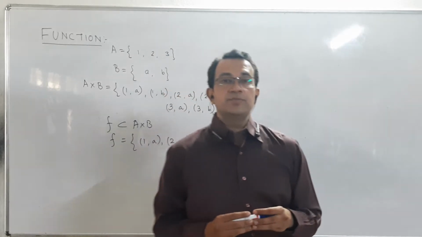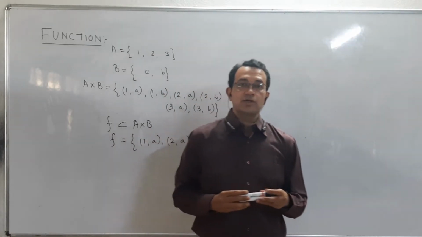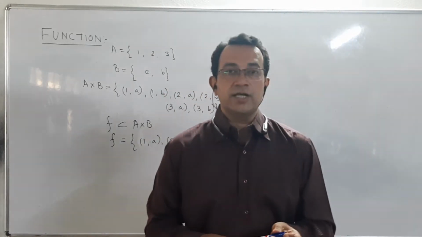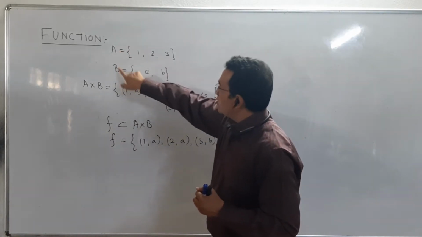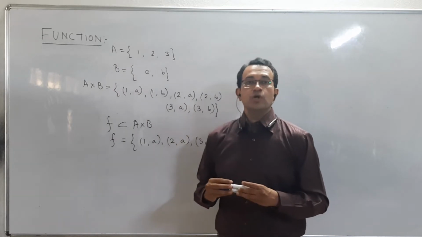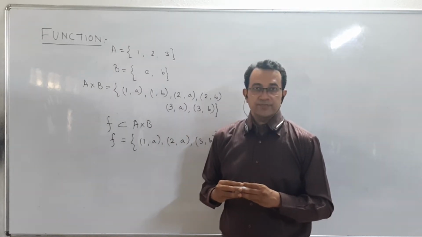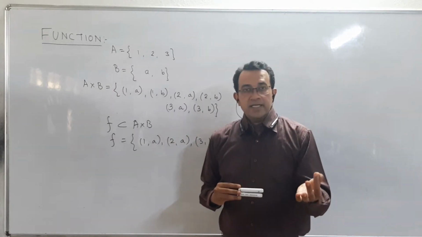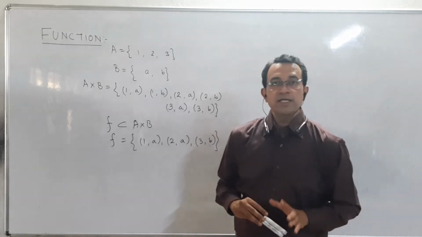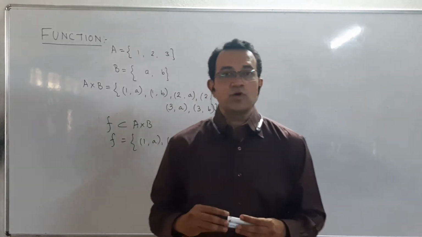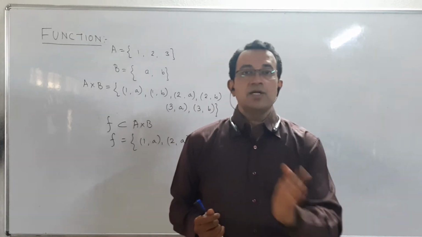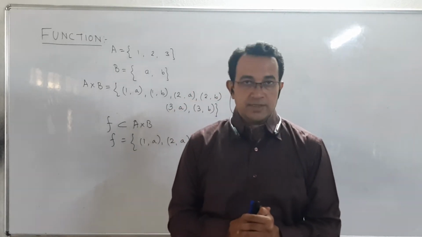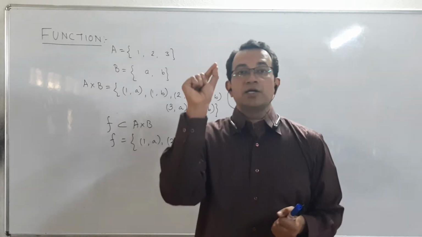Now students, I am defining function. All of you pay attention. Let A and B be any two non-empty sets. Of course, students, A not equal to null set, B not equal to null set.